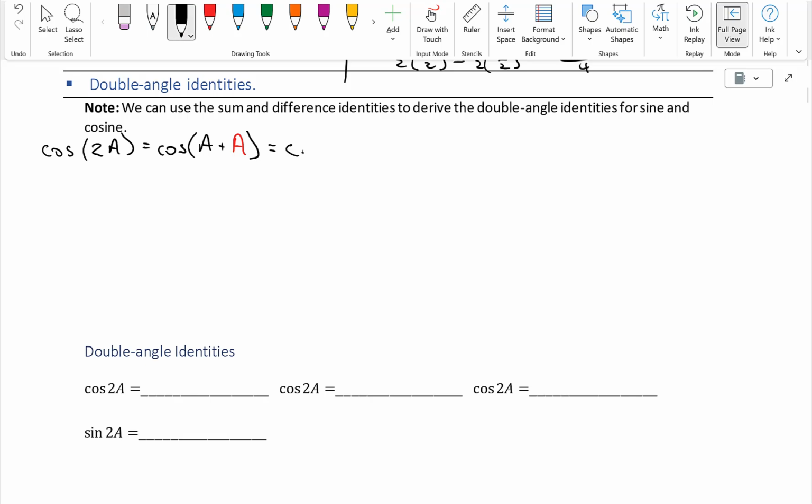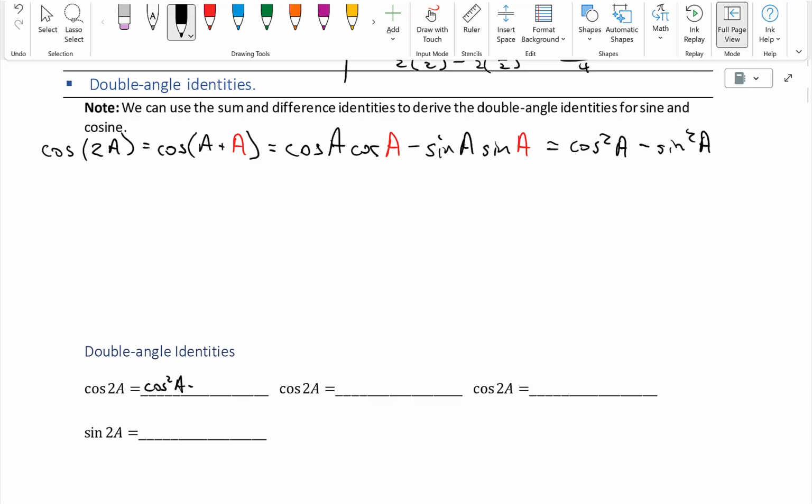So we get from that identity cosine of the first angle times cosine of the second angle minus sine of the first angle times sine of the second angle. But since those angles are both a, we end up just with cosine squared a minus sine squared a.